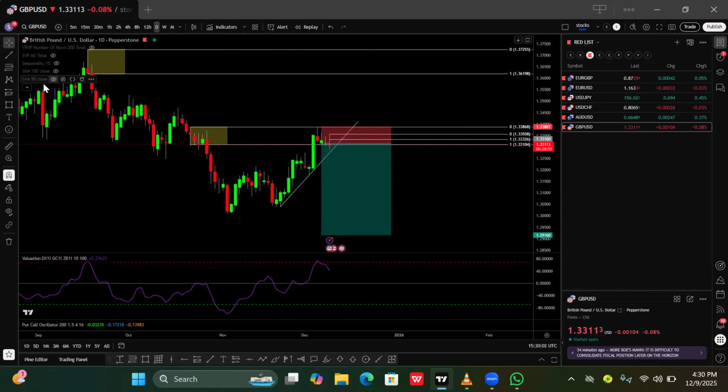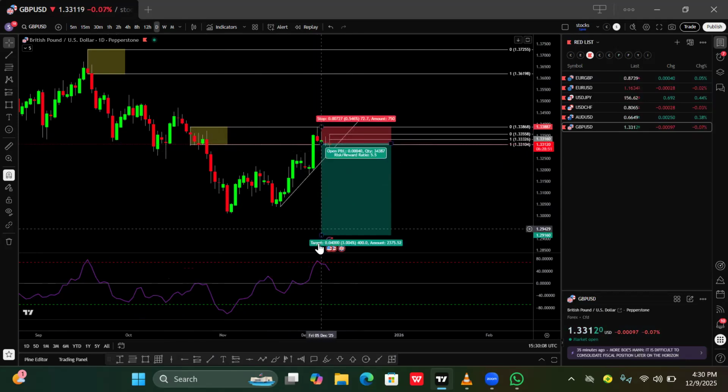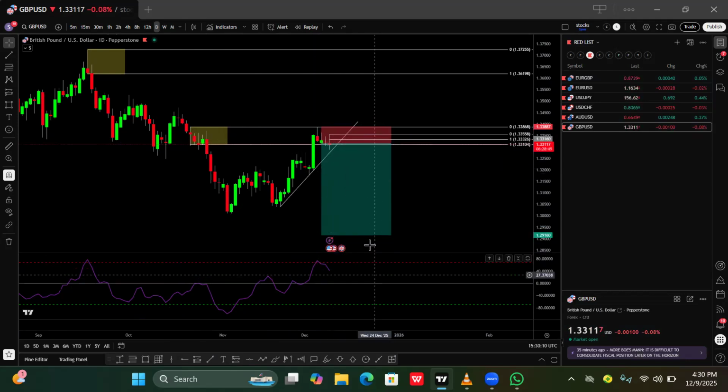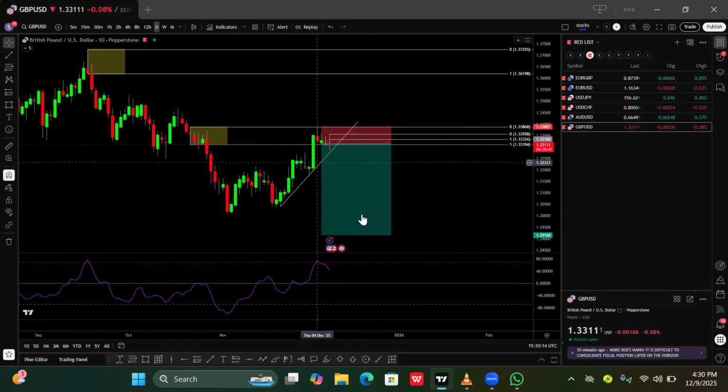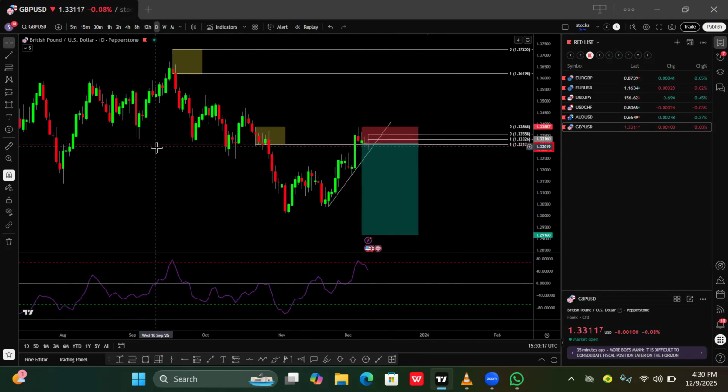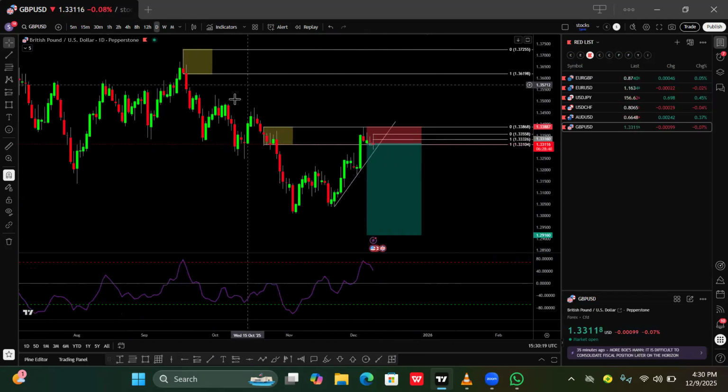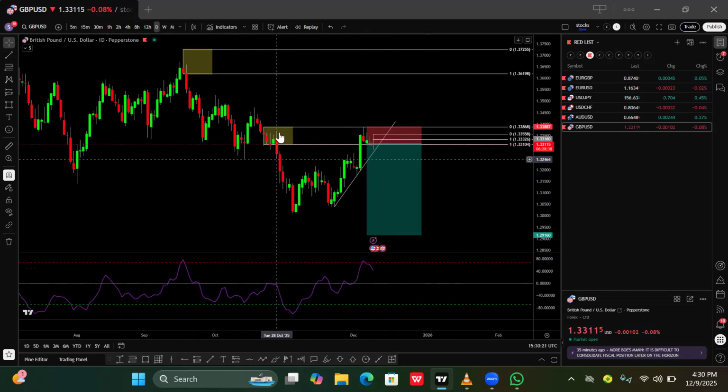So seasonality is telling us there's potential downside, and the fundamentals are pointing towards a downside, and the technical is pointing towards a downside within the supply zone, and value is also pointing towards a downside. And when you look at the COT data, the institutions have really started to reduce a lot of long exposure in the pound before we got the government shutdown.